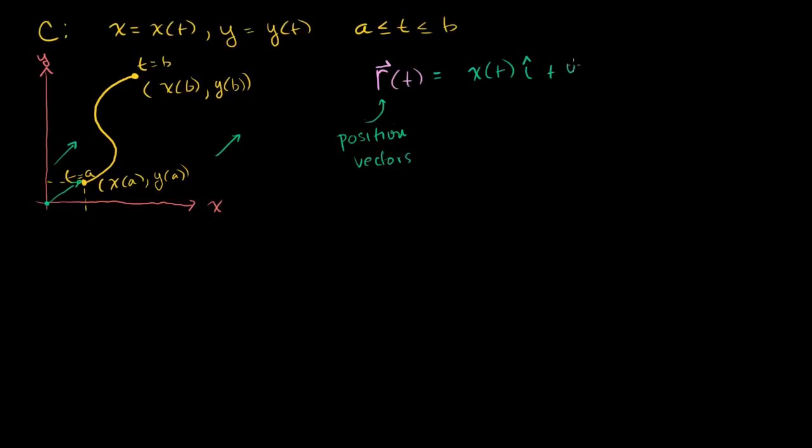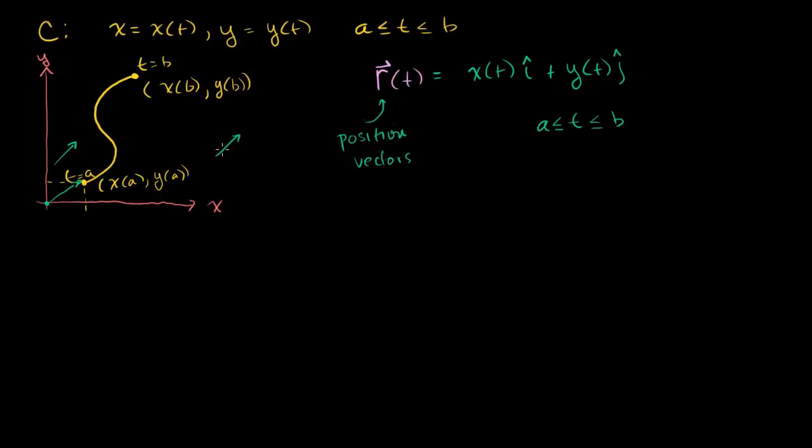Plus y of t times j. If I was dealing with a curve in 3 dimensions, I would have plus z of t times k. But we're dealing with 2 dimensions right here. And the way this works is, for any t, and still we're going to have t greater than or equal to a, and less than or equal to b, this is the exact same thing as that.